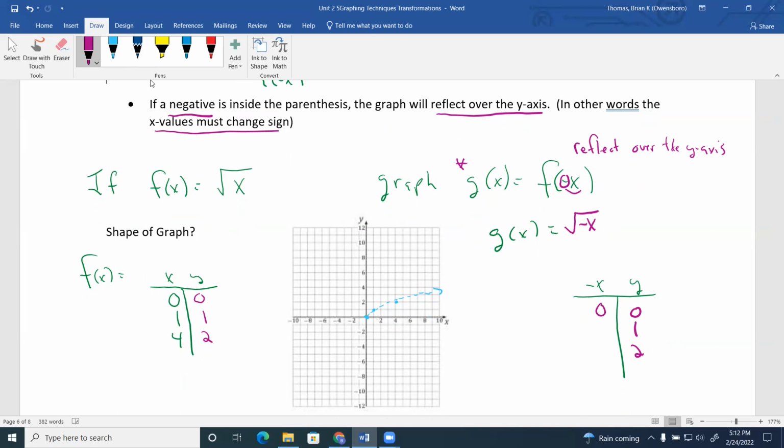So the 0 doesn't change sign, but the 1 turns into a -1, and the 4 turns into a -4. So if I graph these, we have 0, 0, -1, 1, and -4, 2. So notice this graph actually turns and opens up into a left side curve. It opens on the other side of the y-axis. So that's what we mean by reflecting the graph over the y-axis. So again, the blue graph is not really there. It's just a reference to where we started at.